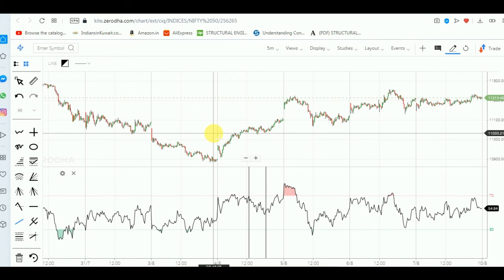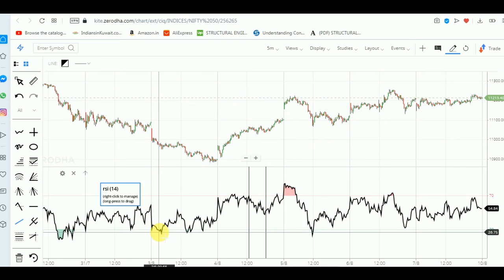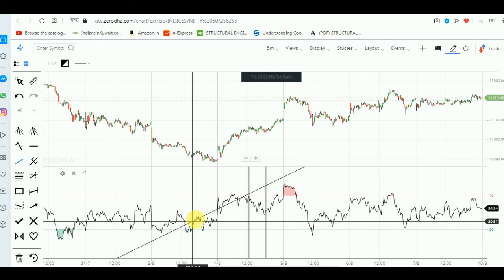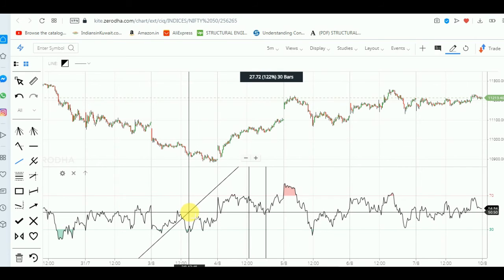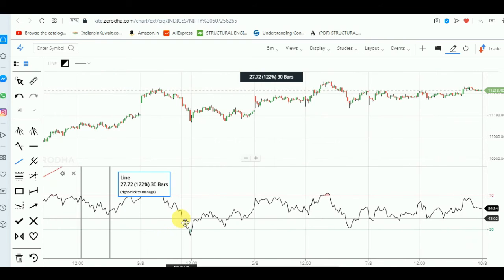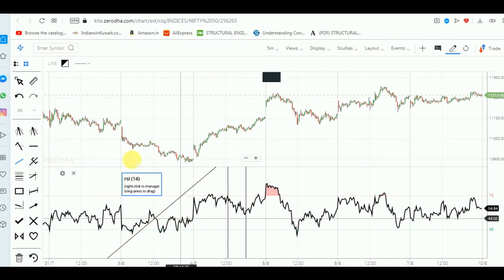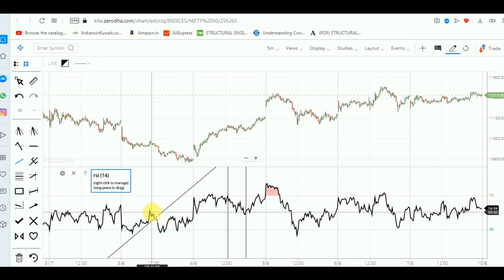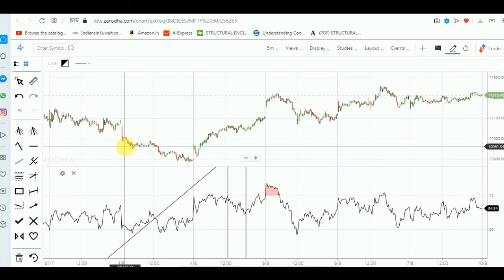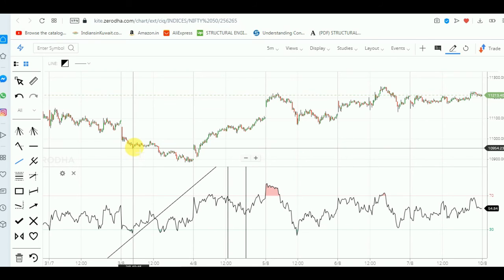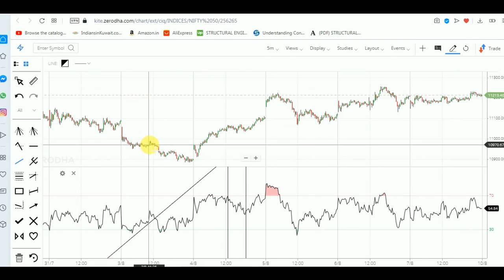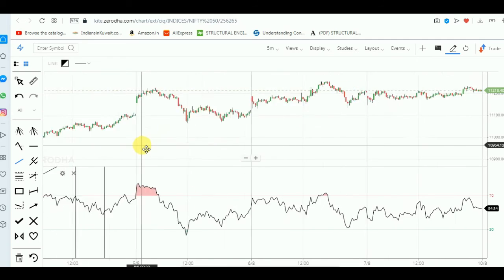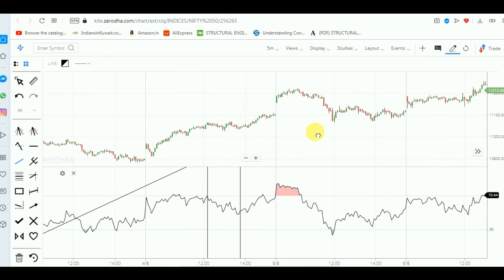So it may create a lot of false signals. Here also you can see it, right? From 30 levels it went up to 50, 55, 52 levels, but here you can see from this level to this level, I can zoom it here, let me show you.